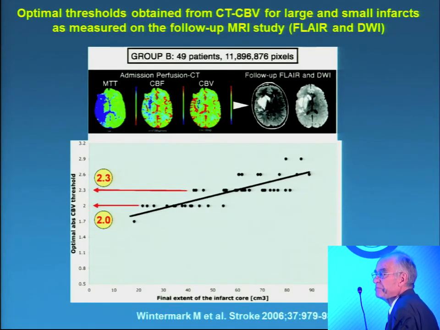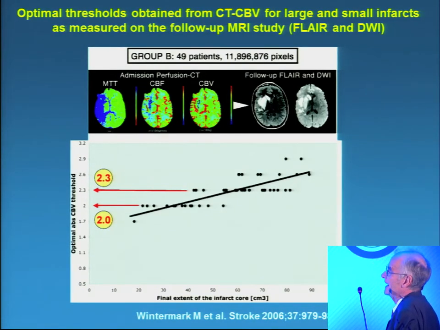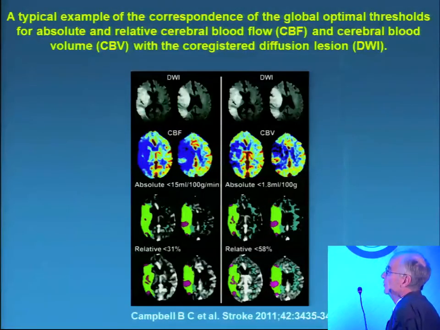The problem is much bigger to define irreversible damage. And it depends also on the size of the infarct, as demonstrated very early by Wintermark. If the infarct is very small, then the limit is at 2 times the cerebral blood volume of 2, and if the lesion is very large, the threshold is at 2.3 percent cerebral blood volume, and this is different also to think about.